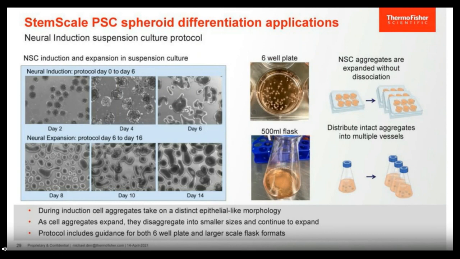But we recommend distributing the intact aggregates, for example 1 to 3, into multiple vessels, so that you aren't going through medium too fast and having to change the medium daily. So that's how we get around not dissociating the aggregates. And I'll go into this in a little bit more detail.